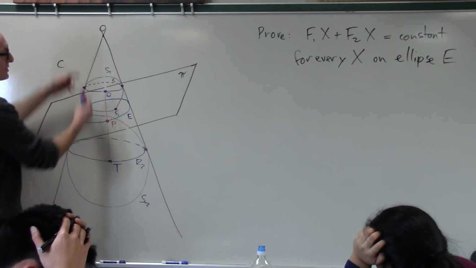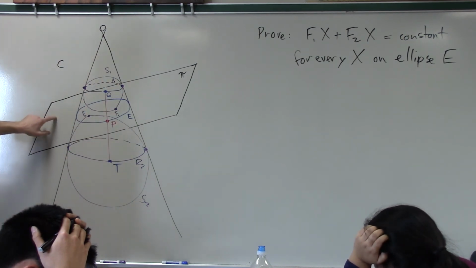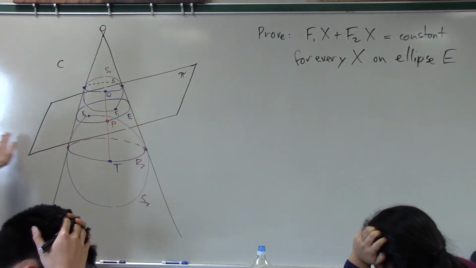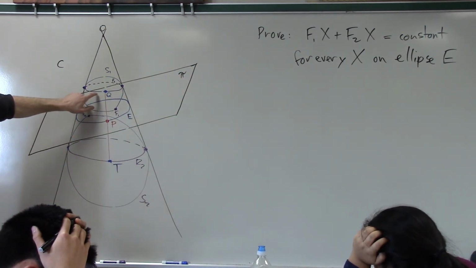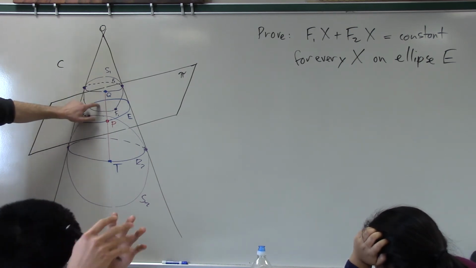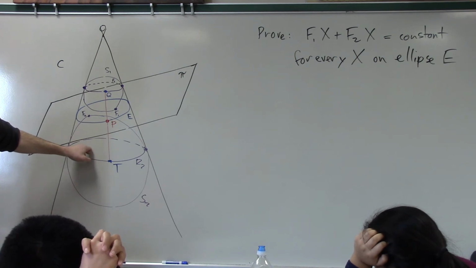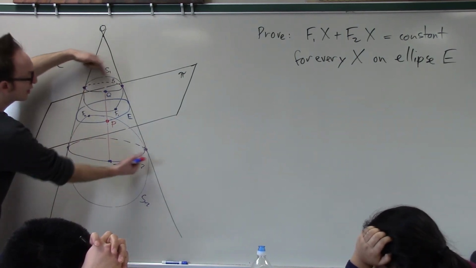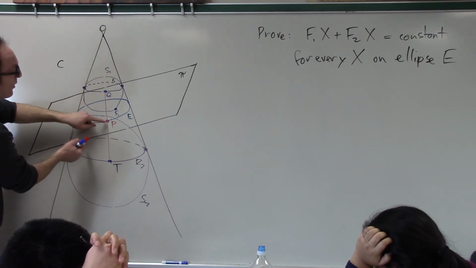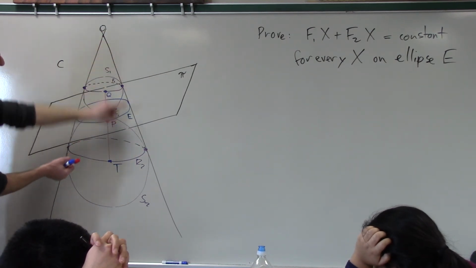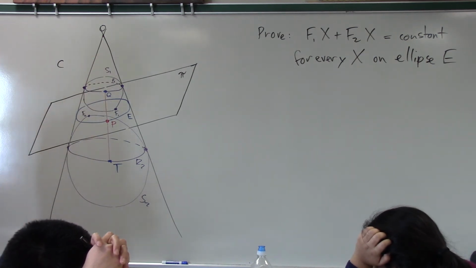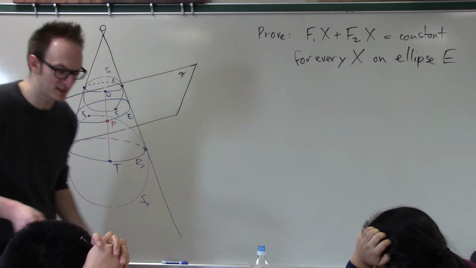Once you give me a particular cone and a particular plane, there is only one upper Dandelin sphere, which is tangent to the cone and that plane, and only one lower Dandelin sphere, which is tangent to the cone and the plane. So the circles of tangency are fixed. This point P moves up and down along the segment QT, but the segment QT itself stays constant.